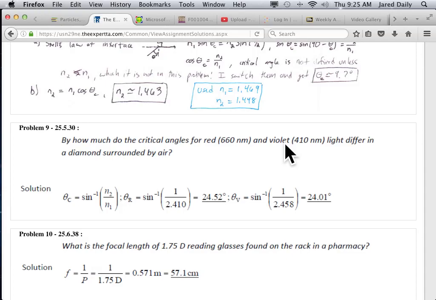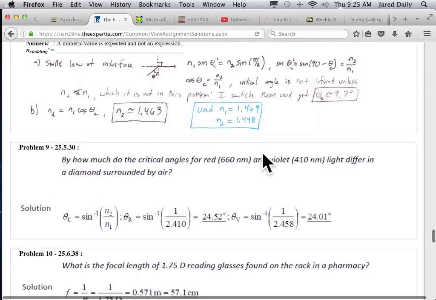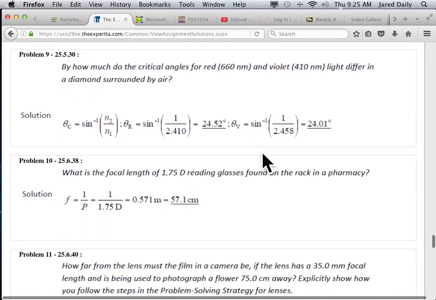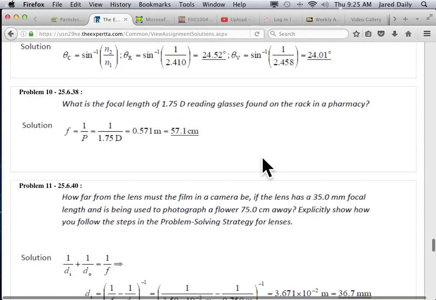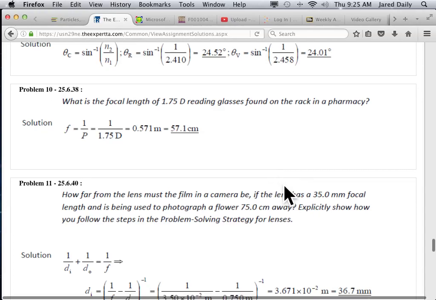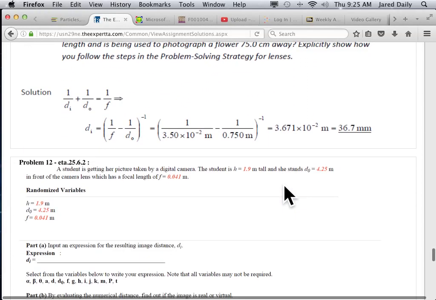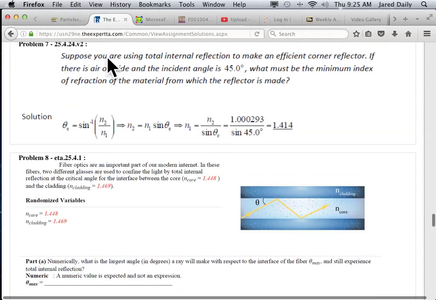I can't remember what it is exactly offhand, but it is there. It's in the book. The index of refraction does change with the wavelength, which is why when you put white light through at a high angle, you get that splitting of the light, splitting of the colors. So that's that one.